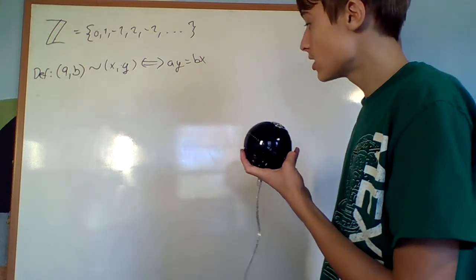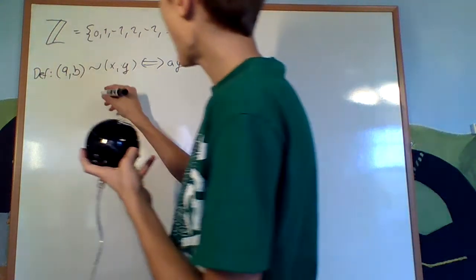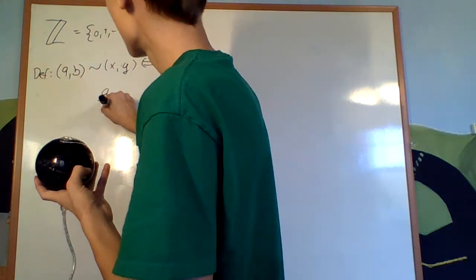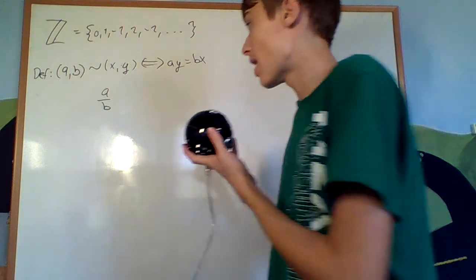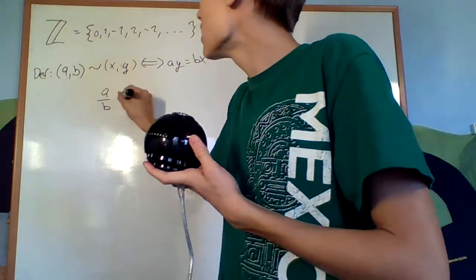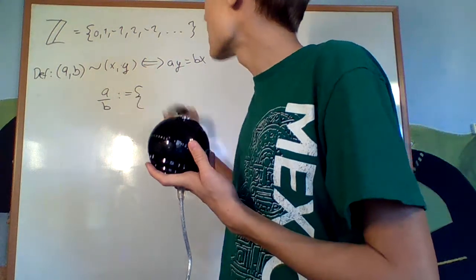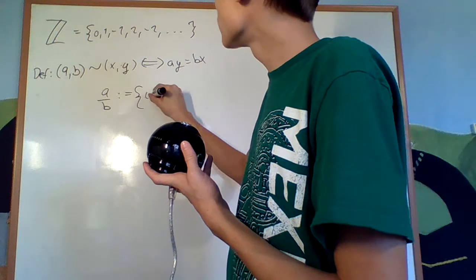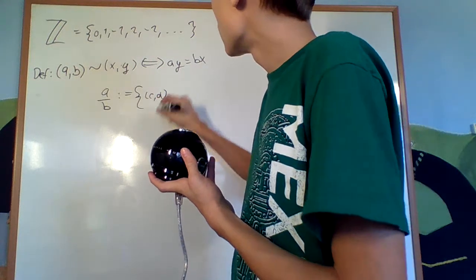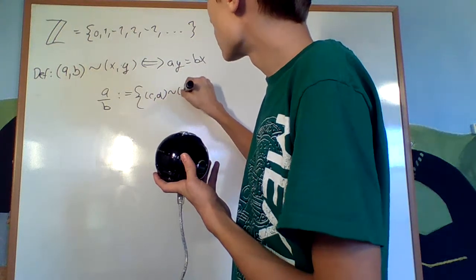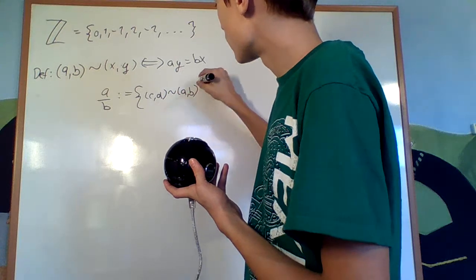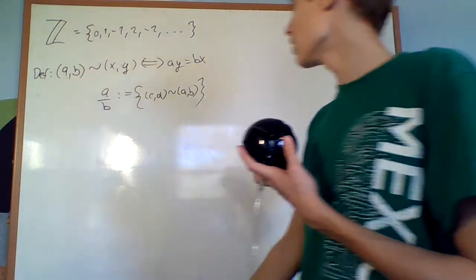What I'm going to do is define A over B to be the set of all (C, D) congruent to (A, B).